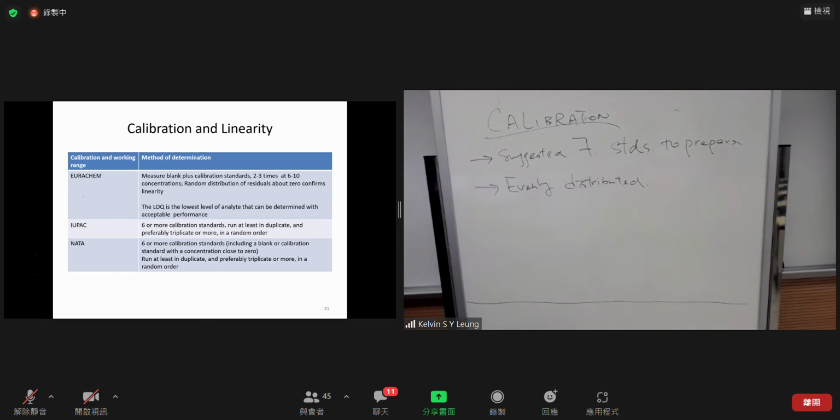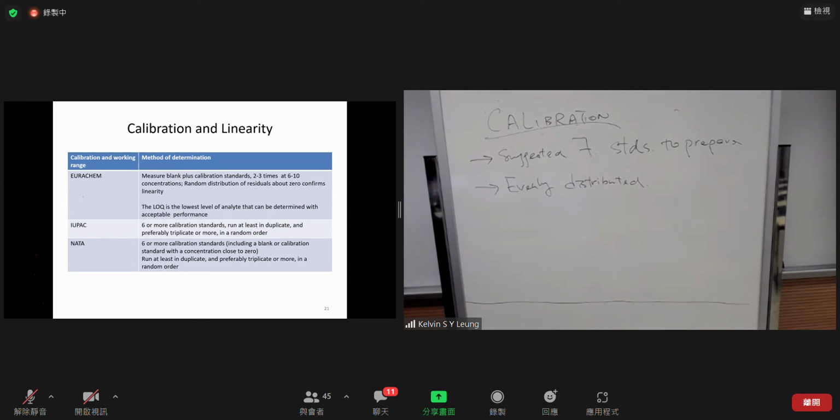Some of them may even suggest up to 10, but I think 7 will be sufficient in some cases. So please check your standard carefully for their minimum or suggested requirements, if your method is going to be used according to those guidelines.